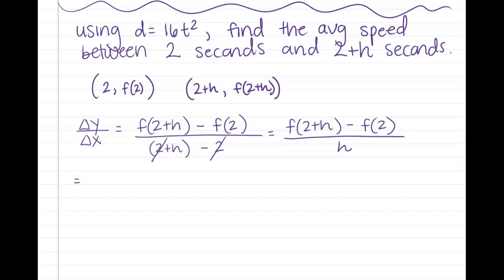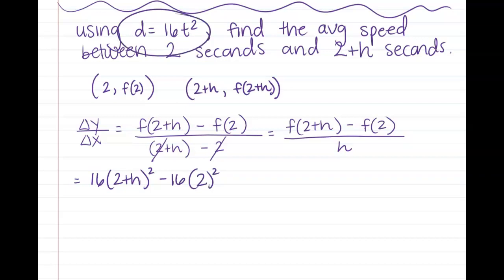So if we evaluate d equals 16t squared at 2 plus h, so f of 2 plus h is really 16 times 2 plus h squared minus 16 times 2 squared. Again, we're just plugging in to this equation.